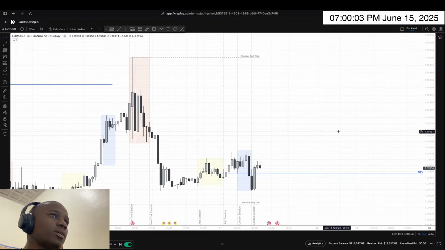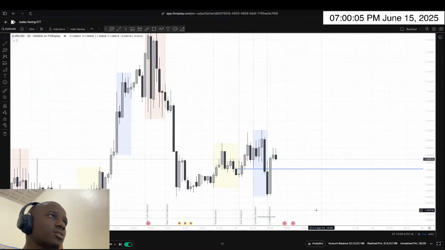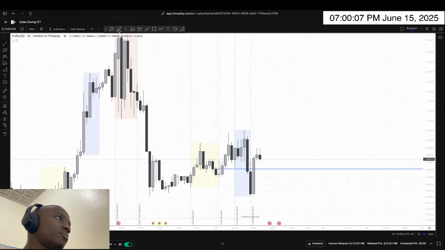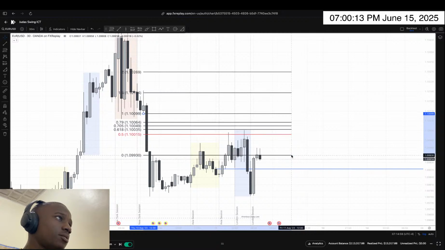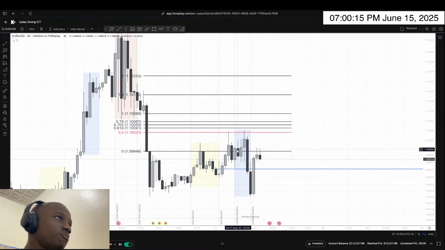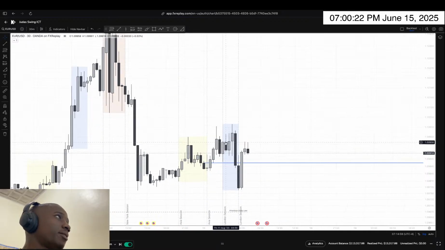But what I would like to see here is that we are currently in this gap right here to here, and when I extend this gap, you'd see that we pushed into the upper half of the gap. And by that, that's the 30 minute.